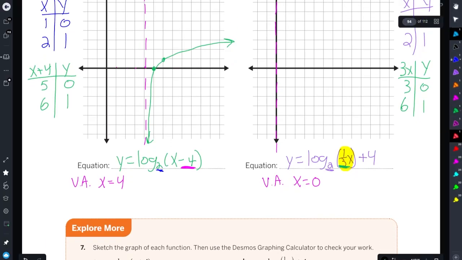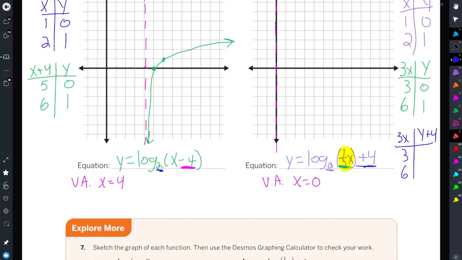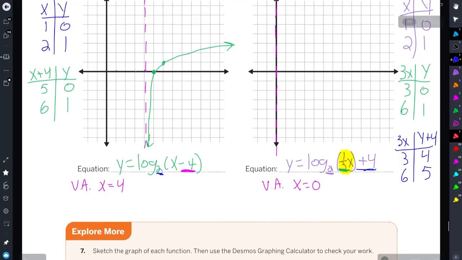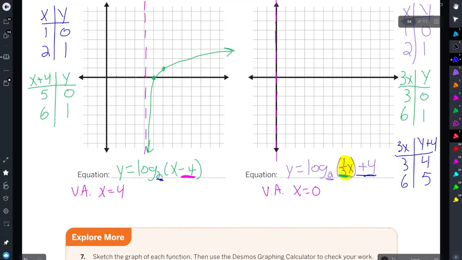And then our last transformation is adding 4 to the y values. So we have 3, 6. 0 plus 4 is 4. 1 plus 4 is 5. So now I'm going to plot these points. 3, comma 4. So 1, 2, 3, comma 4.